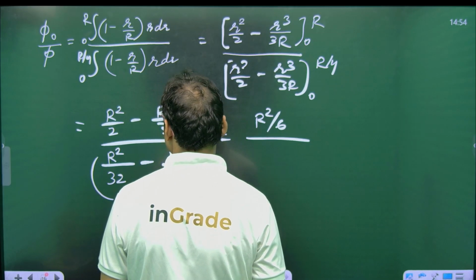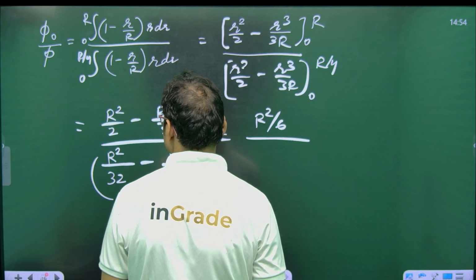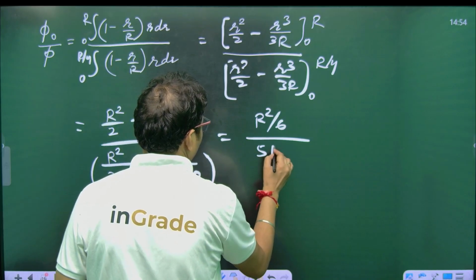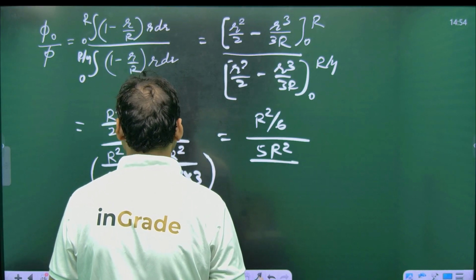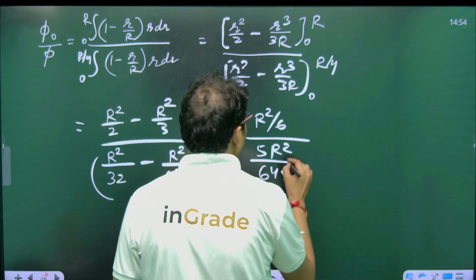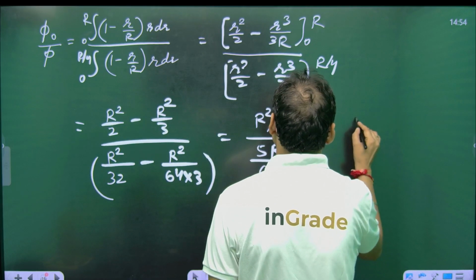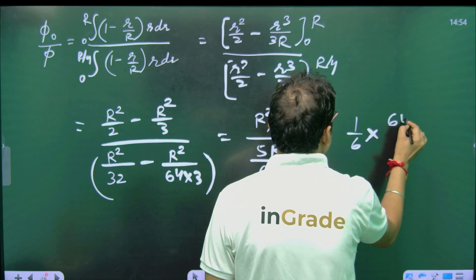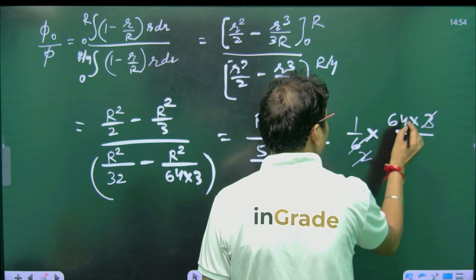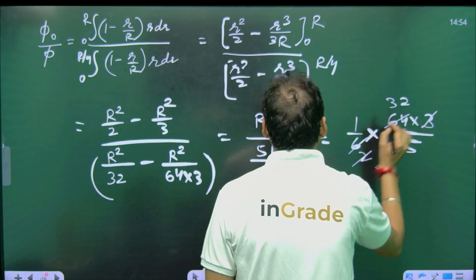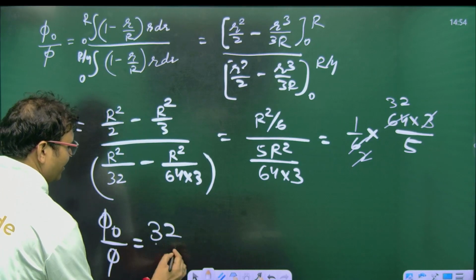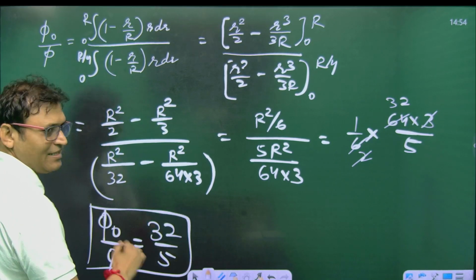The denominator will be 5 R square by 64 into 3. So it will be 1 by 6 into 64 into 3 by 5. So phi naught by phi will be 32 by 5. That will be our answer.